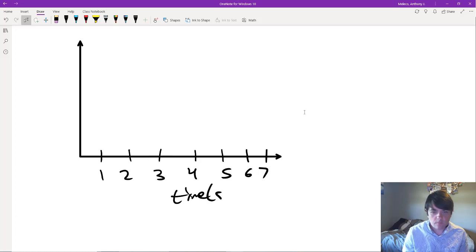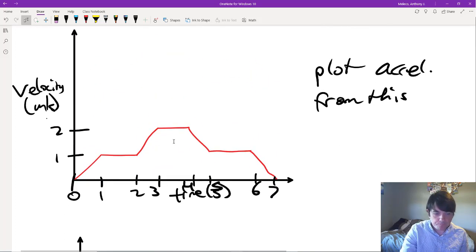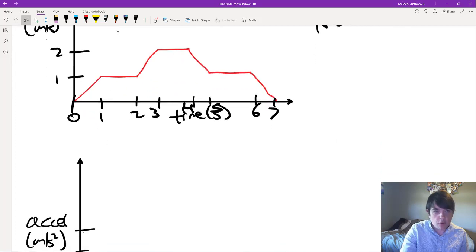That's our time. So in the first one, we're going up 1 over 1.